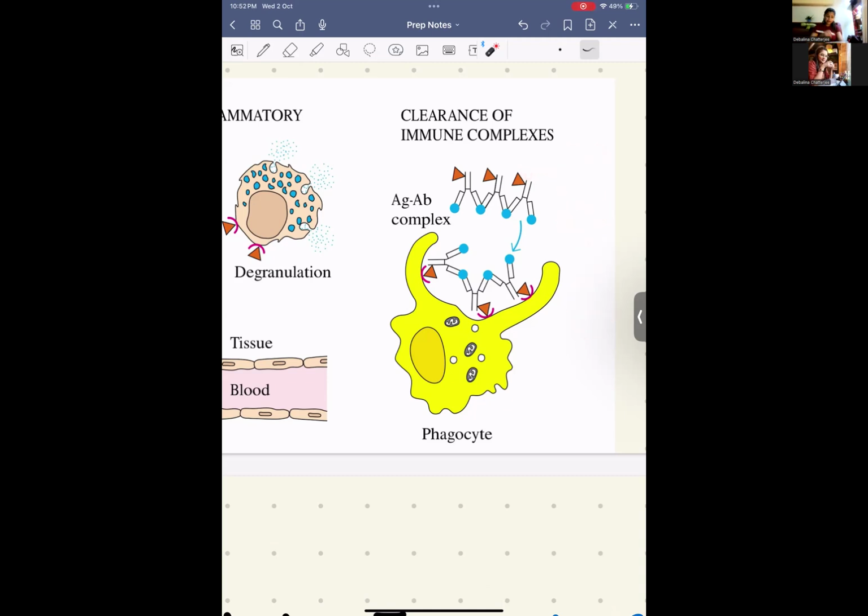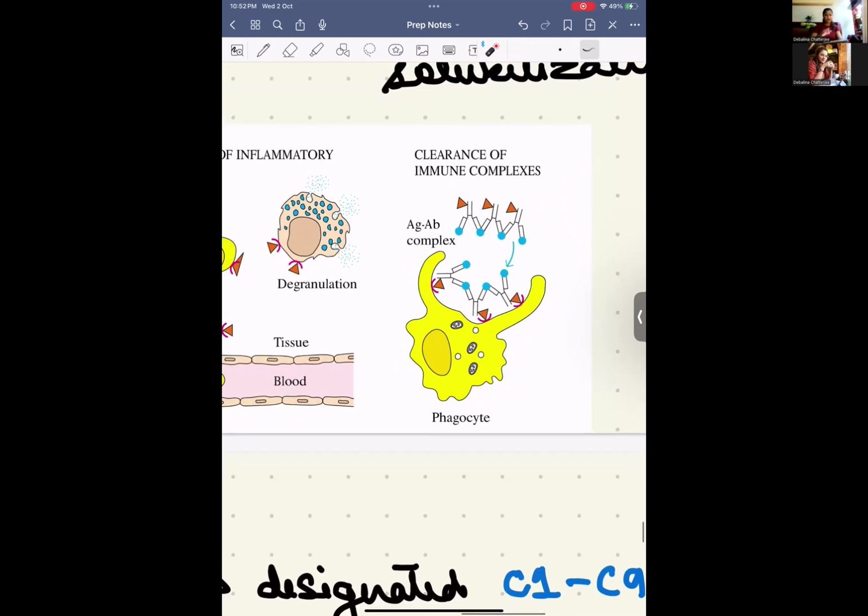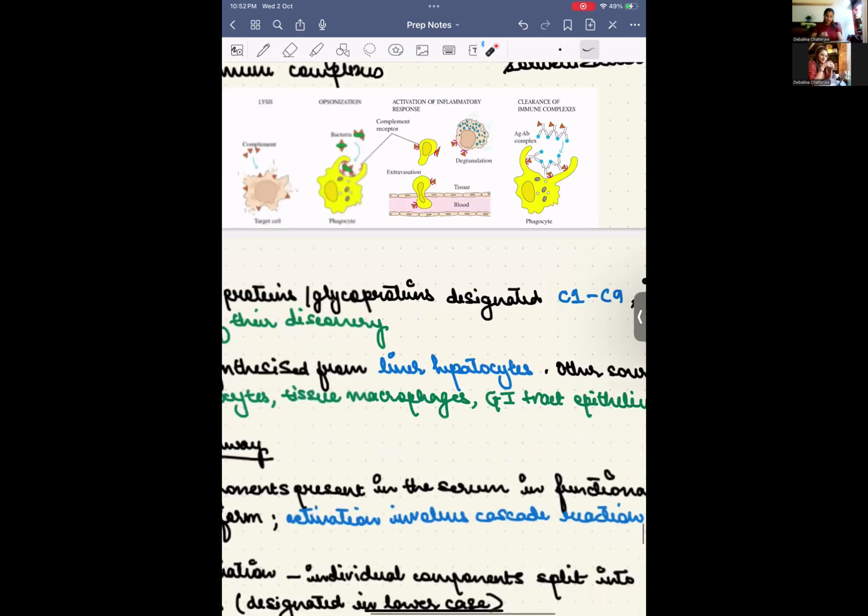When the RBC is taken into the spleen, along with it all the immune complexes also reach the spleen. There, the complement receptor and the complement protein binding is stripped off, and eventually the phagocytes, very similarly as here, do phagocytic clearance of these immune complexes.